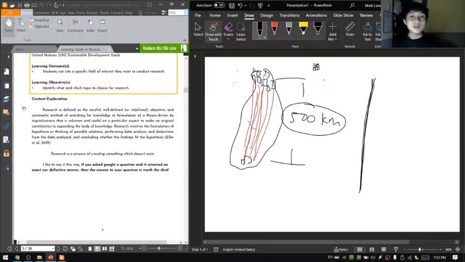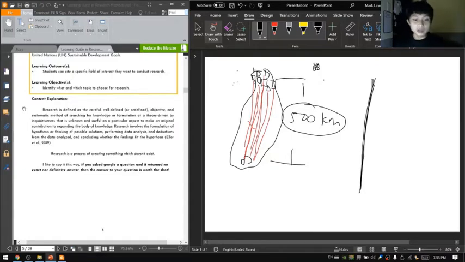And systematic means you know the processes. You should only begin with step 1. You don't skip to step 2, step 3. You always begin with step 1. So when we say systematic, it's a process. Okay, so searching knowledge or formulation of a theory driven by, lalim naman ito.